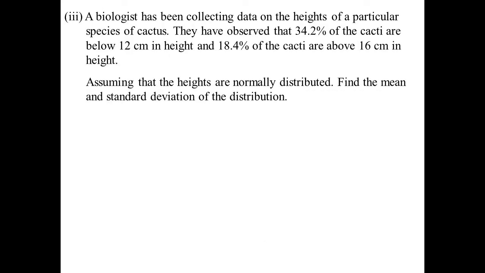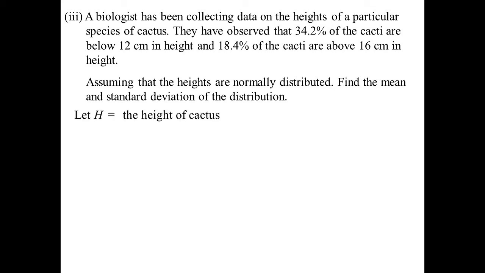A biologist, and they're looking at a cactus, as biologists, I guess, do. And they've observed that 34.2% of the cacti, and what else we got? 18.4% are above. So again, assuming a normal distribution, let's find the average and the deviation of our distribution. So H is the height of the cactus.